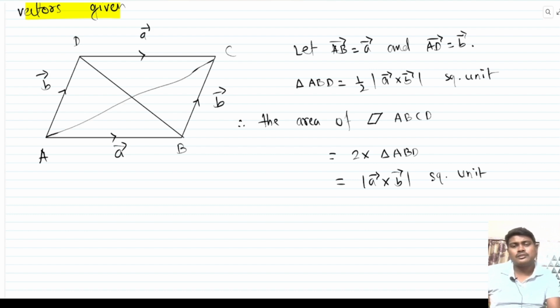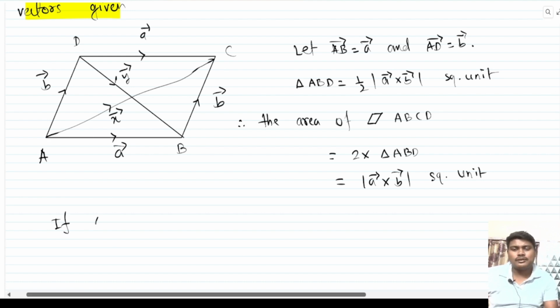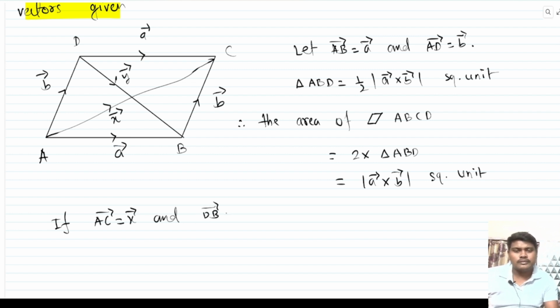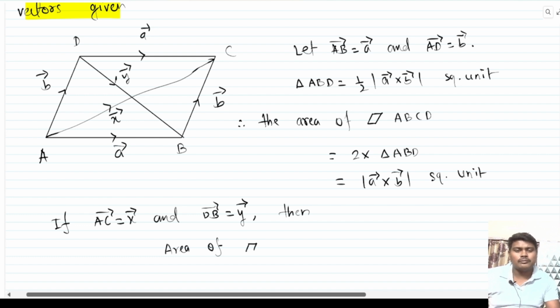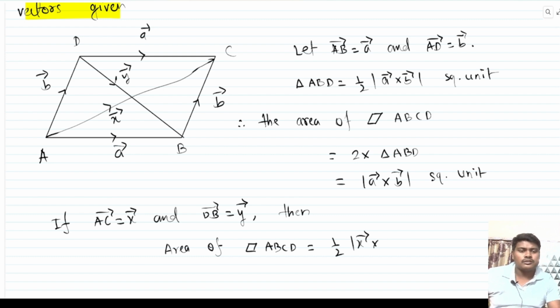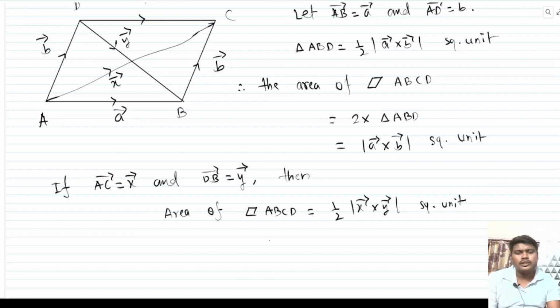If the diagonal vector AC is x vector and the diagonal vector DB is y vector, then the area of the parallelogram ABCD is equal to half of mod x cross y square unit. Now we can prove this formula in a few simple steps.